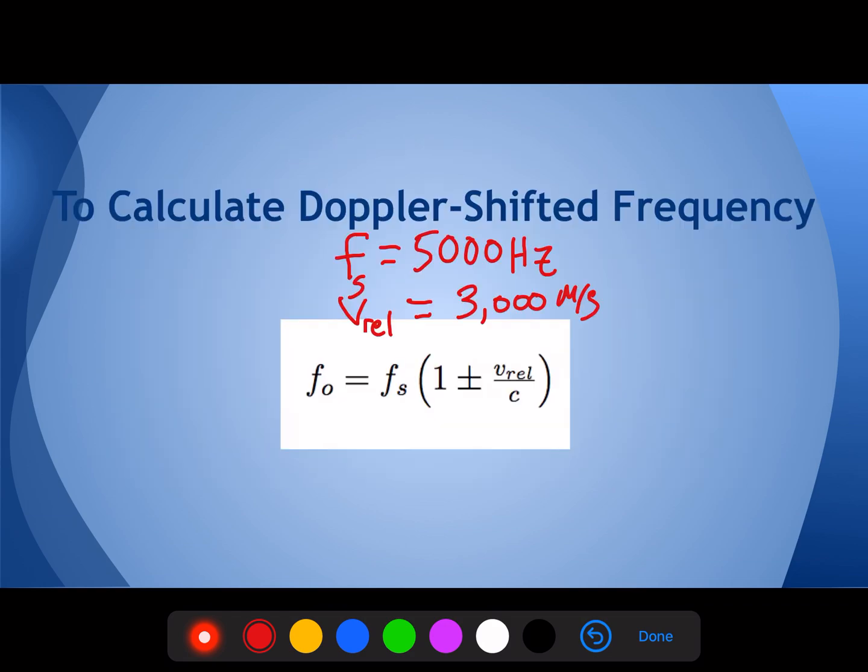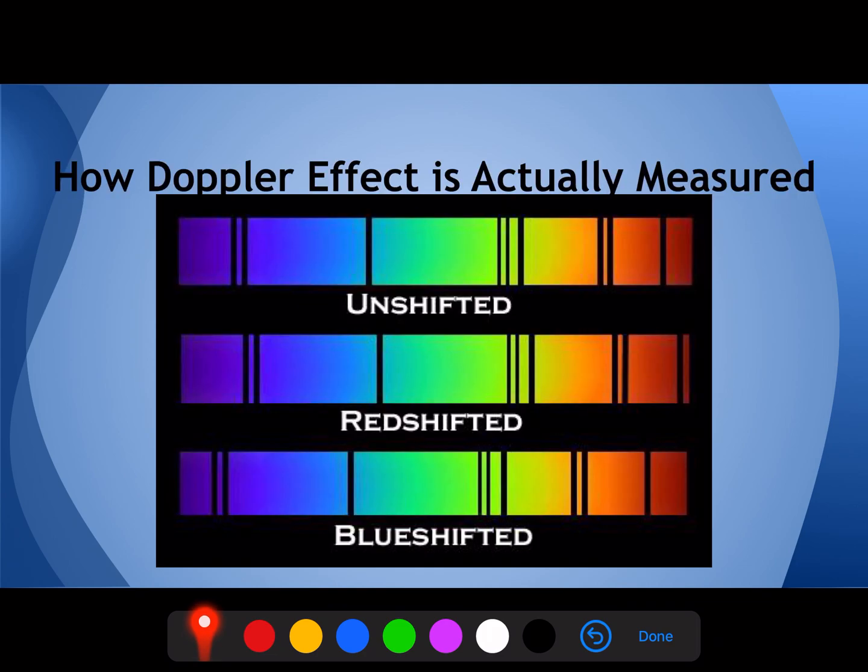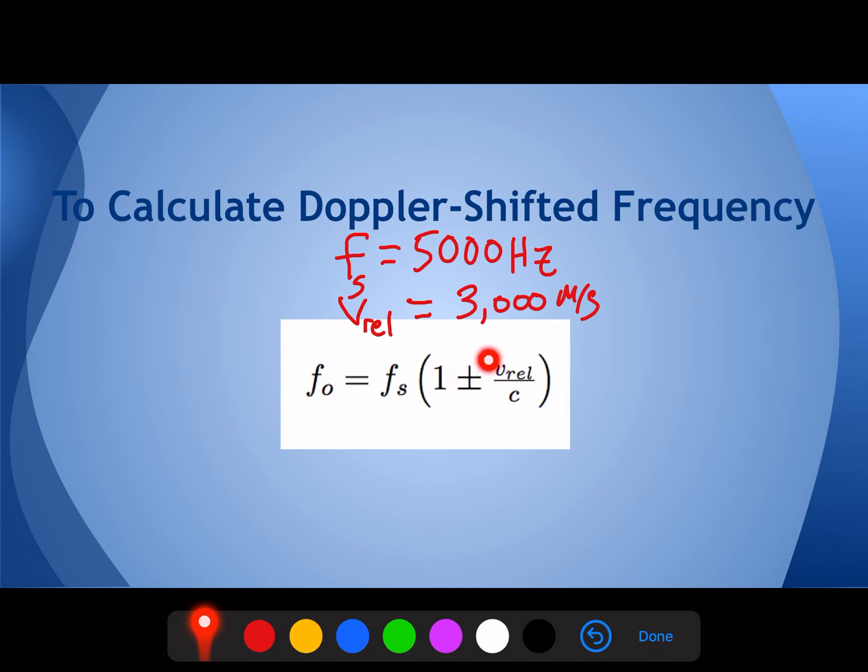So going back to our example then, if I expect the frequency to be higher when it's moving towards me, then that means I want to add on to the frequency, multiply the frequency by something greater than 1, right? So this plus sign is going to be for motion towards.